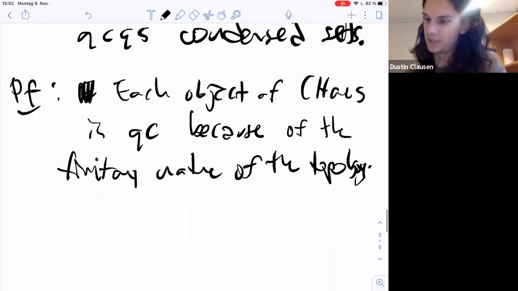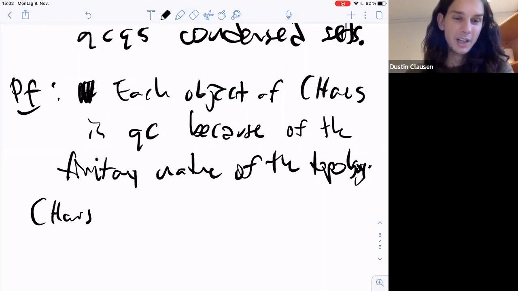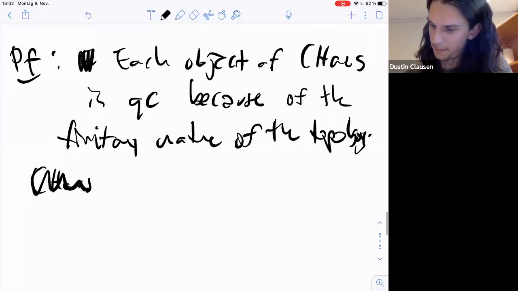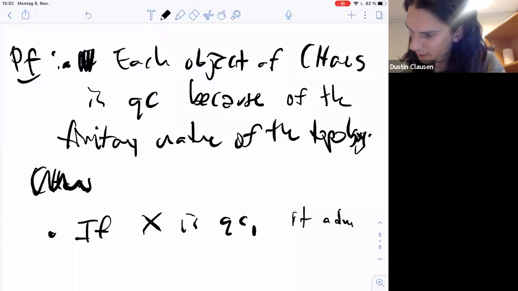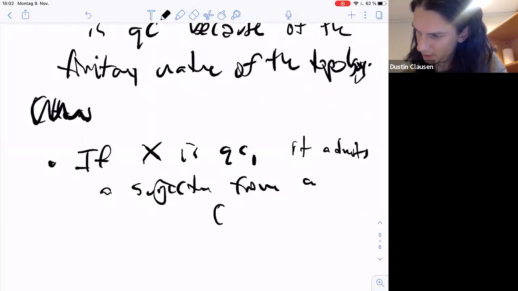Now, why are they also quasi-separated? Well, because the definition of quasi-separated was that... Also, if X is quasi-compact, it admits a surjection from a compact Hausdorff space.